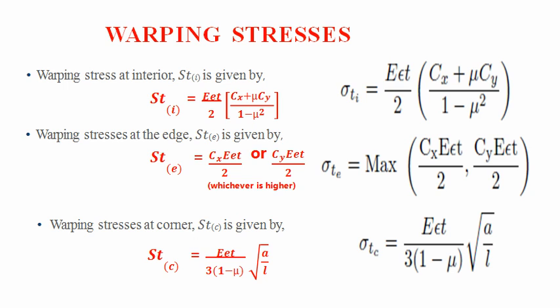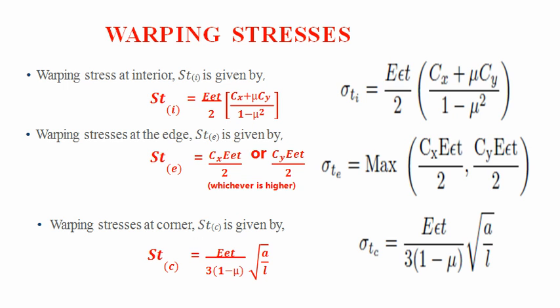Here the warping stress at the edge should be chosen as the greater of the two. And lastly, the warping stress at the corner, STC, is given by STC equals E e T upon 3 multiplied by (1 minus mu) multiplied by under root of A upon L.